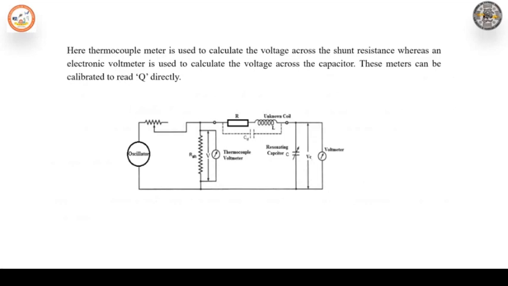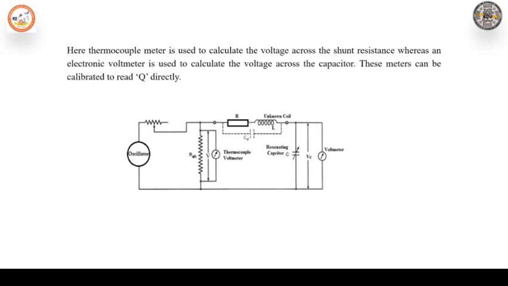So it introduces almost no resistance into the oscillator circuit and represents a voltage source with almost negligible internal resistance. The voltage across the low value shunt resistance RSH, V, is measured by a thermocouple meter and the voltage across the capacitor VC is measured by an electronic voltmeter.